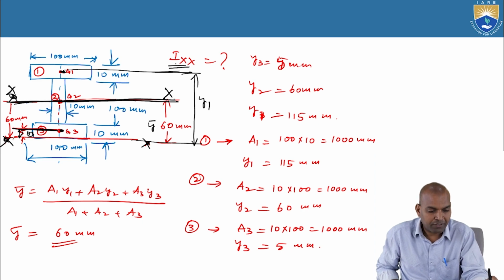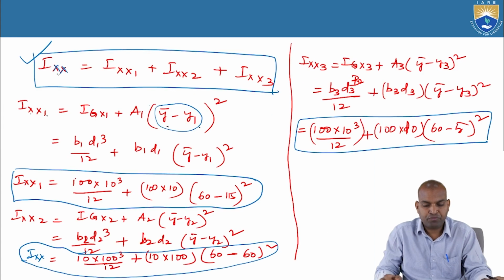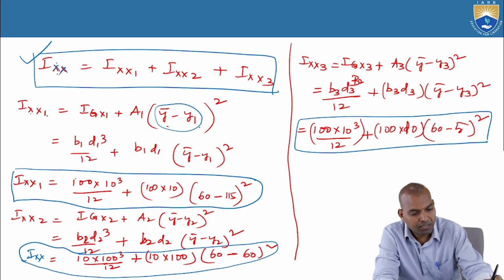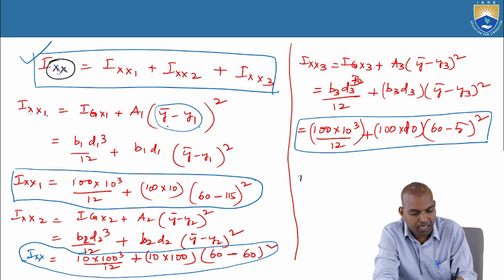Now, if you want the moment of inertia about any other reference axis, say Ix1x2, this is the sum about which axis? The centroidal axis. Then the parallel axis theorem says that Ix1x2 equals this Ixx plus total area times bar y square.